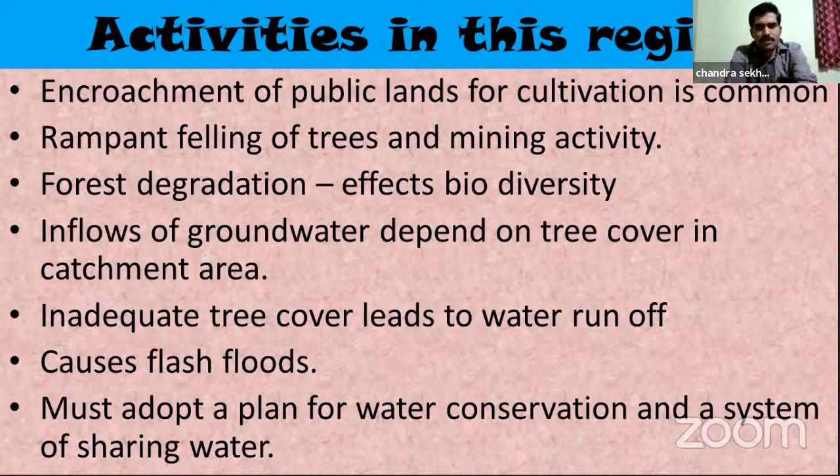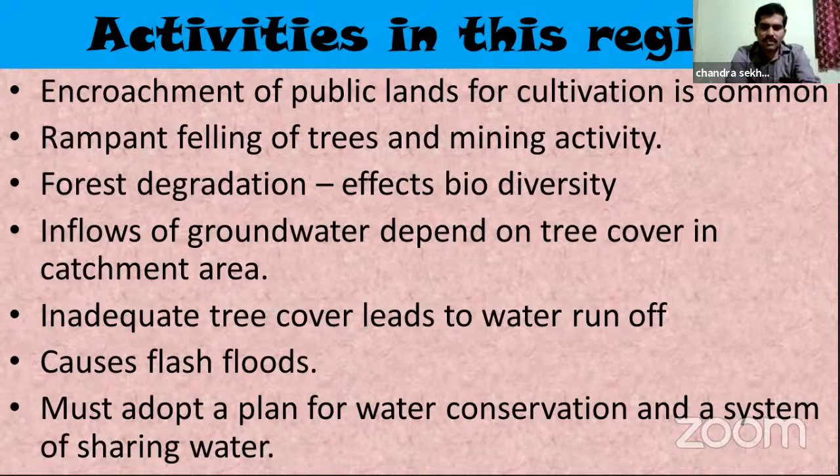Inflows of groundwater depend on tree cover in the catchment area. If we have more forest cover or tree cover in a region, we can experience more groundwater. More water percolates into the ground because of the green vegetation. The roots of the trees lower the speed of flow, and that leads to more percolation of groundwater.